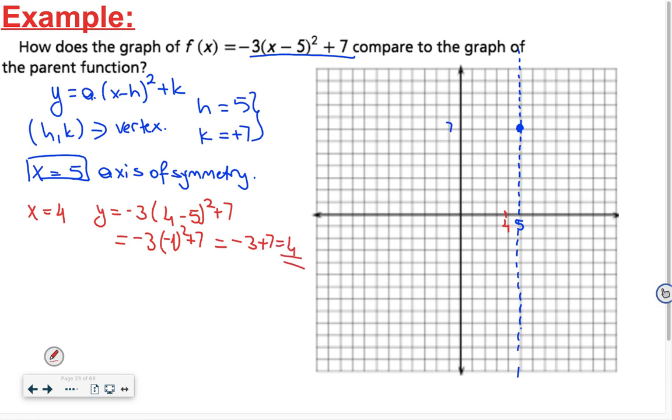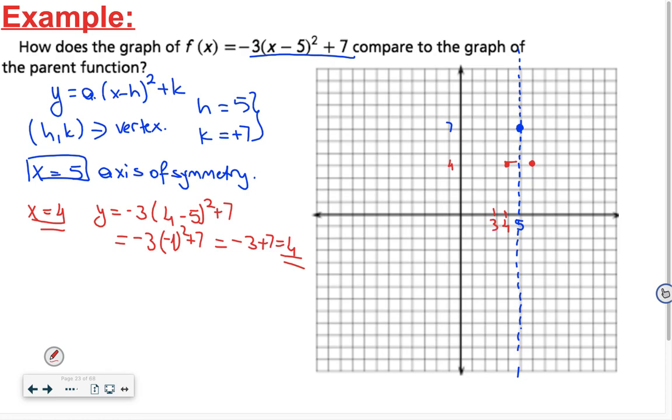Which means that if x is equal to 4, y is equal to 4. 1, 2, 3, 4. This is (4, 4). What is the reflection of this point? This point is 1 unit far away from the axis of symmetry. The reflection will be in the opposite direction and 1 unit far away. This is the reflection.